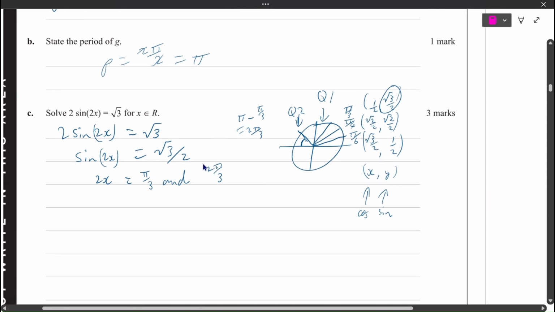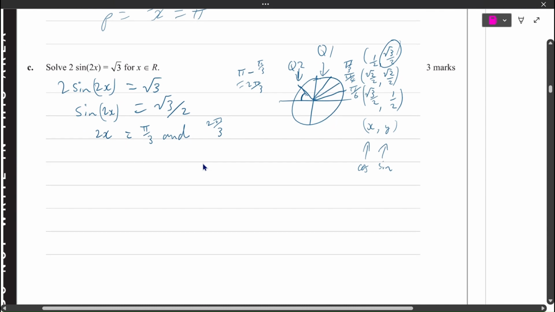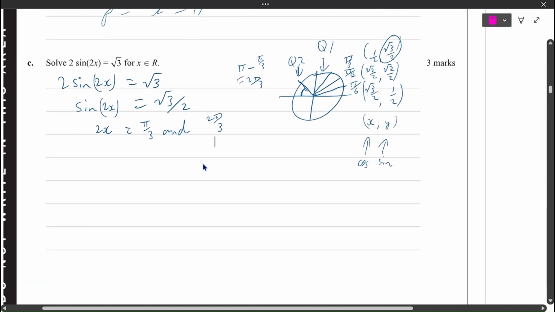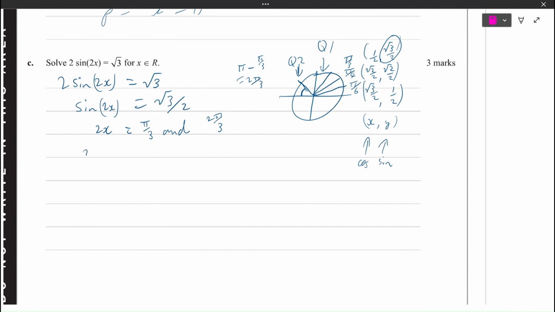Now we can start writing our general solution for this equation. So 2x equals pi on 3 plus 2 pi n. This part here is because in order to get back to this value of pi on 3, we have to go round the circle here by a value of 2 pi to get back to this angle.